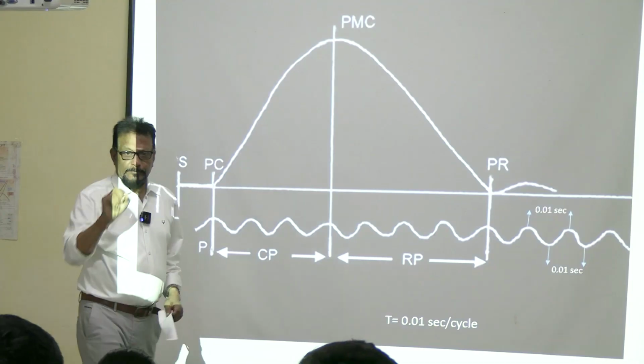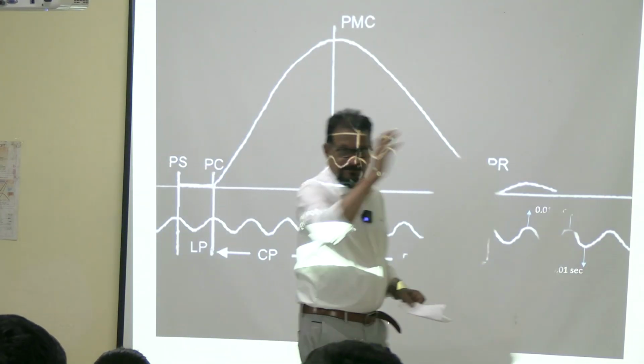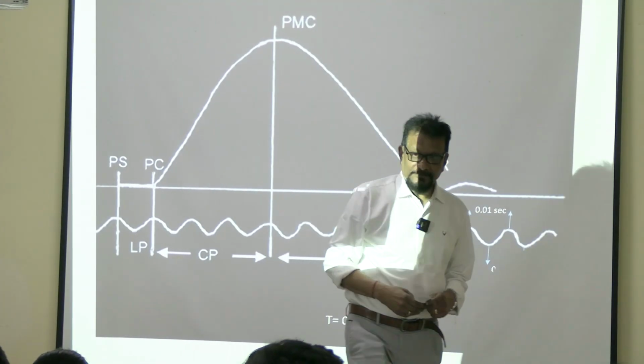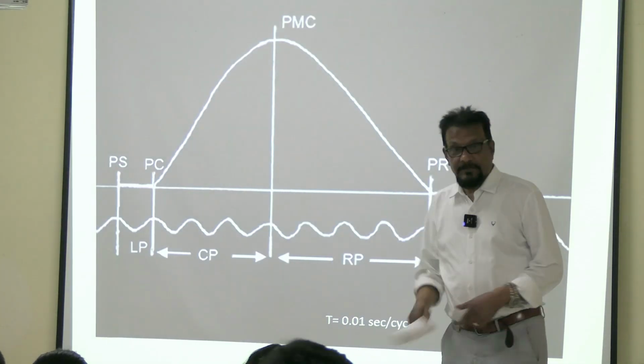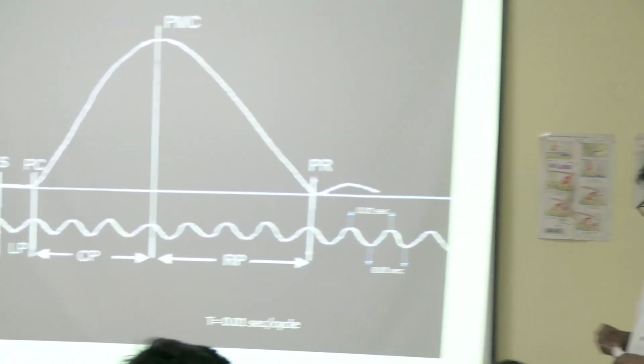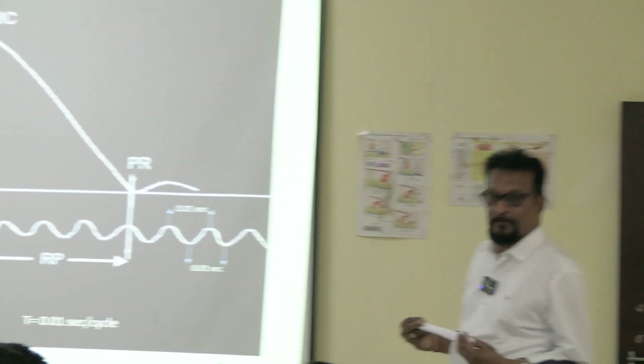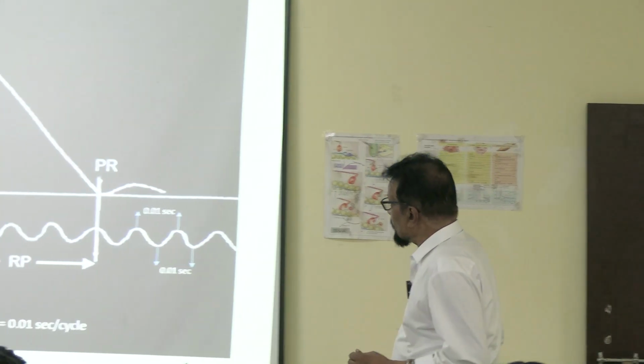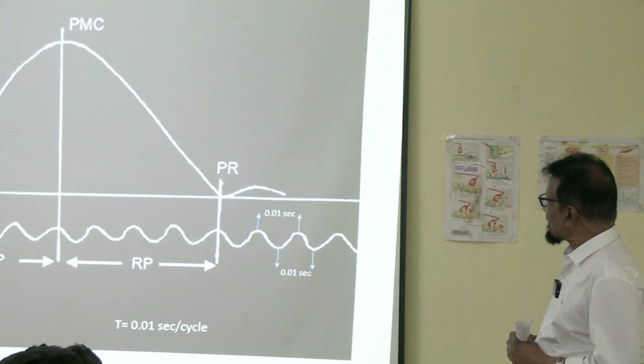When you give the stimulus to the muscle, it will make contraction. This type of contraction you get. And here you will find 3 time periods. What is PS at the first?